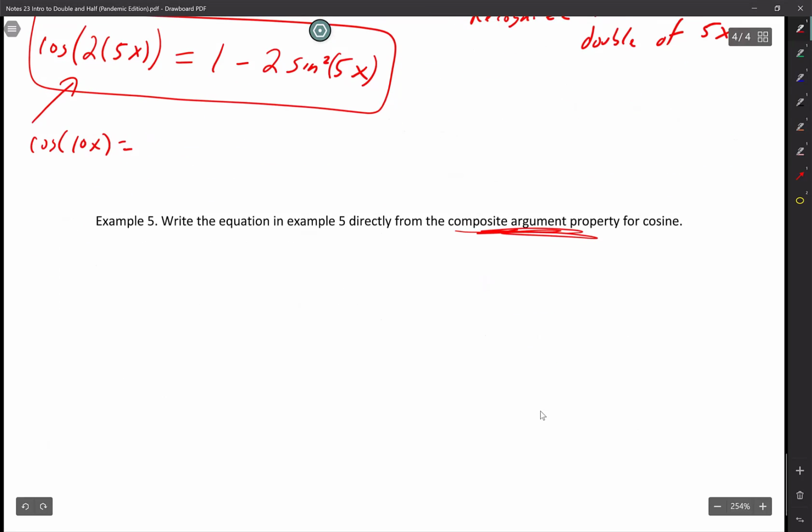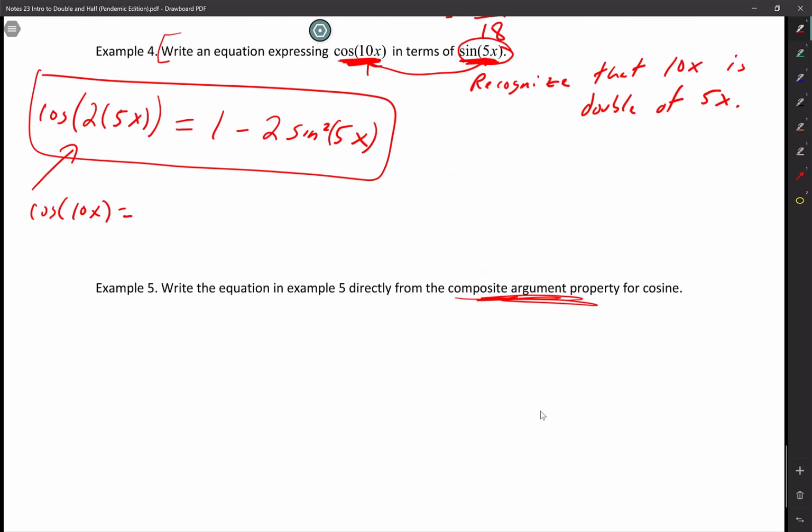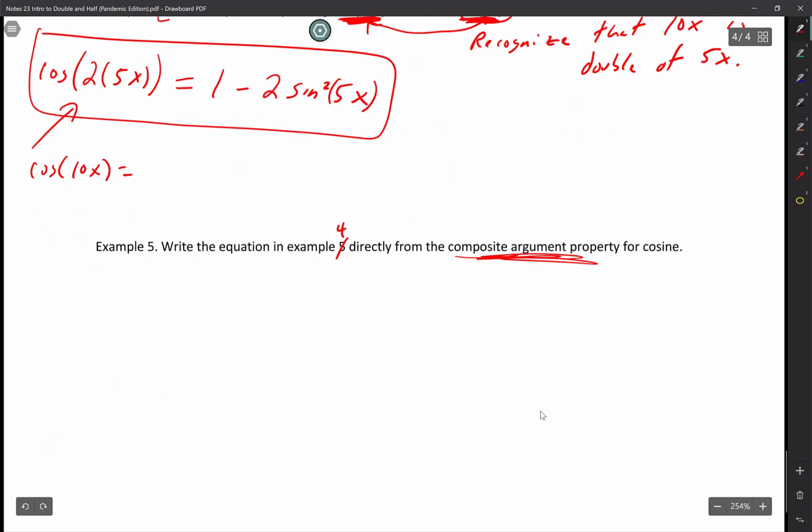So this one says, write the equation in example 5, in example 4, that deleted one, directly from the composite argument property for cosine. So they want me to do the same thing, but they only want to see sine 5x. So here we go. Cosine, and instead of doing double angle, I'm going to do composite argument. That's the angle sum. 5x plus 5x is 10x. Do you guys agree?